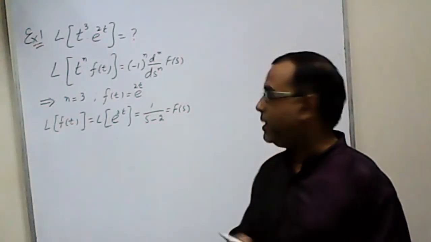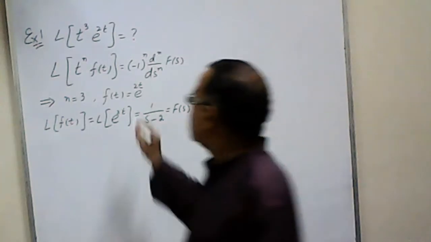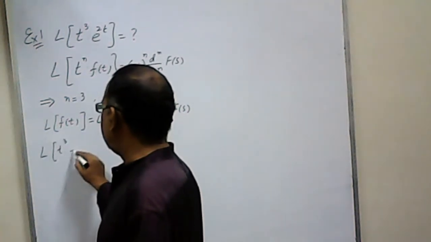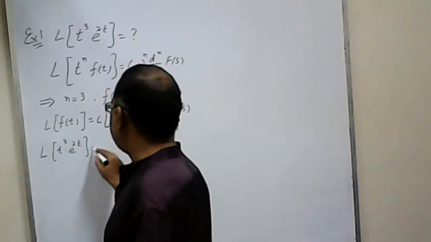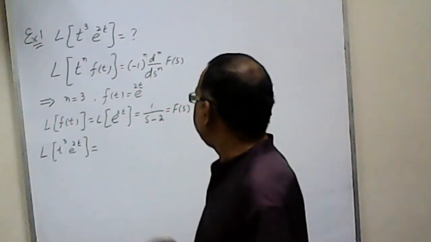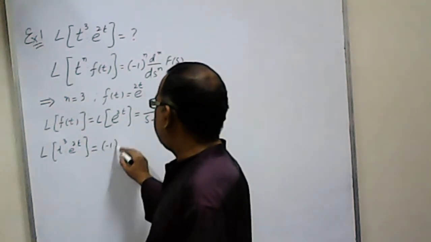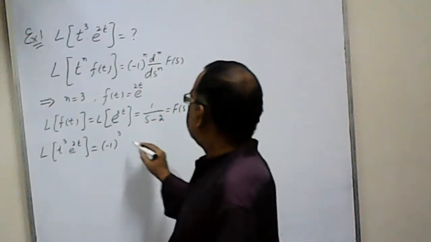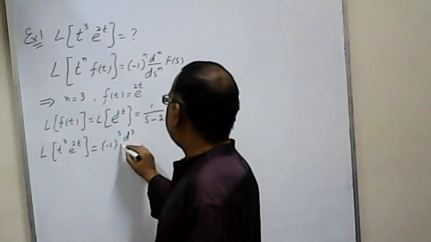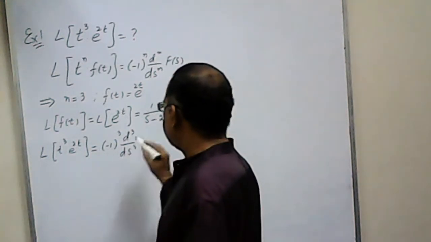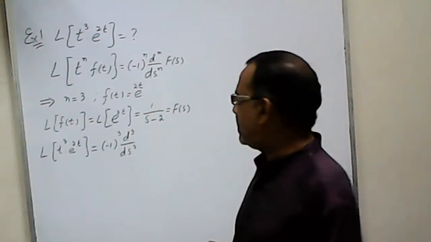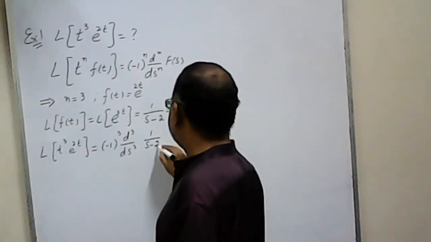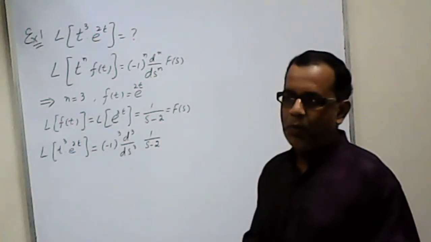Now we have the complete data to apply the formula. So now applying the formula in the question, Laplace of t cube into e power 2t will be equal to minus 1 power n, and n is equal to 3. Then d3 by ds3, 3 derivatives with respect to s, and then function of s, that is 1 over s minus 2.